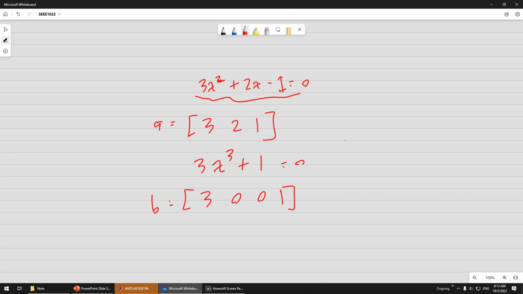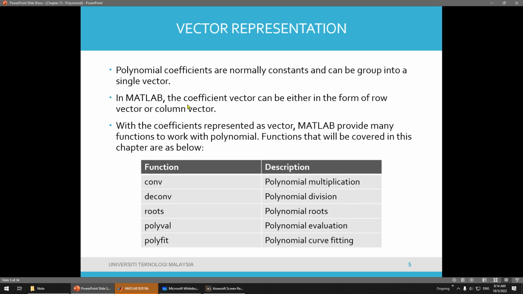Okay, so this one is basically 3x cubed plus 0x squared plus 0x plus 1 equals 0. Okay, so that is what is meant by changing the polynomial into a vector. This is a MATLAB vector. Okay, so in MATLAB, the coefficient vector can be in either row or column form.